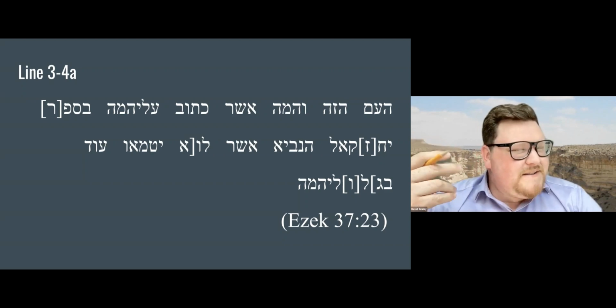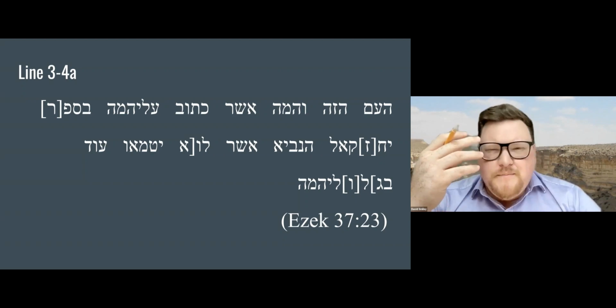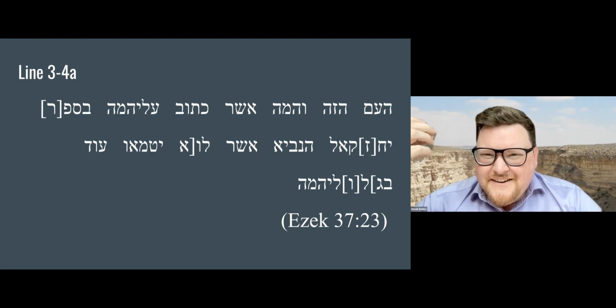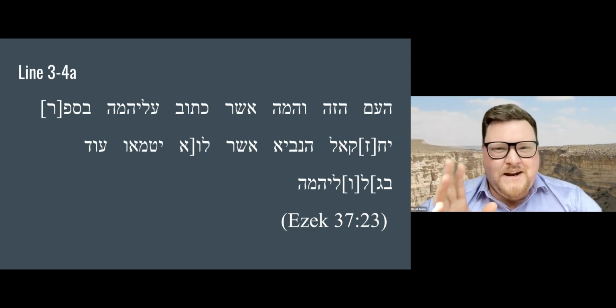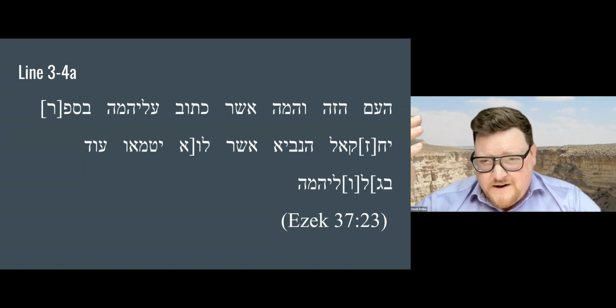So this word yitma'u that we have here is evoking this cultic language. Okay, let's keep that in mind as we keep reading. Yeah, because this is a big problem that the Qumran community has.